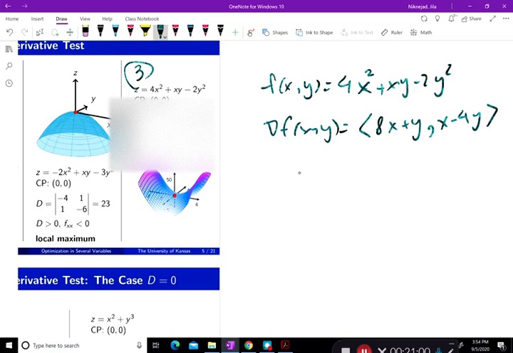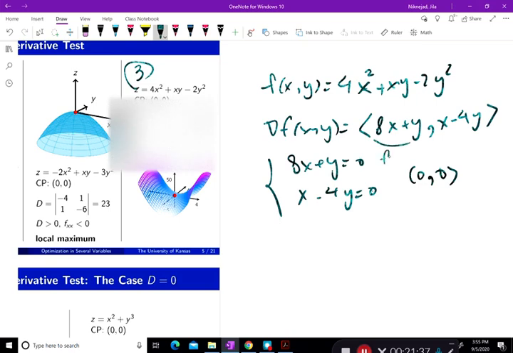If you set 8x plus y equal to 0 and x minus 4y equal to 0, because this is a system of linear equations with a matrix of coefficients having non-zero determinant, this thing has a unique solution. Again, zeros on this side, a homogeneous system, so the unique solution is always 0. So the solution is going to be x0, y0.